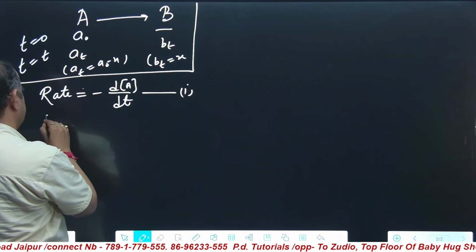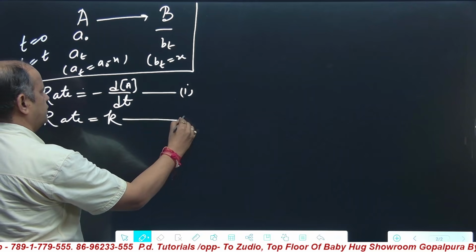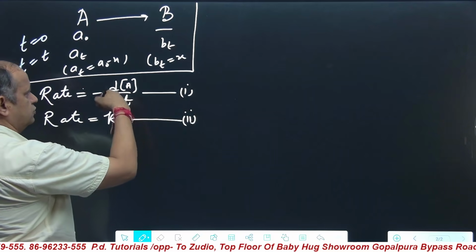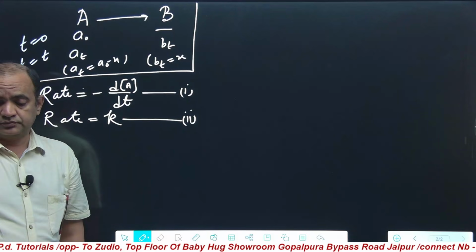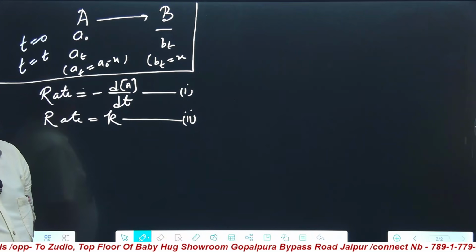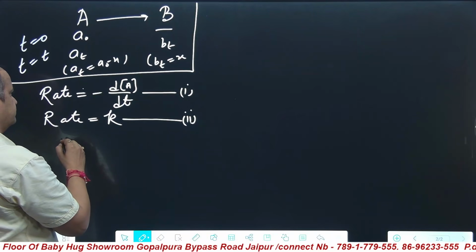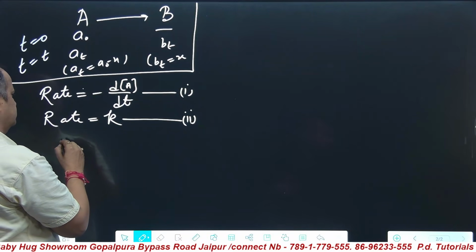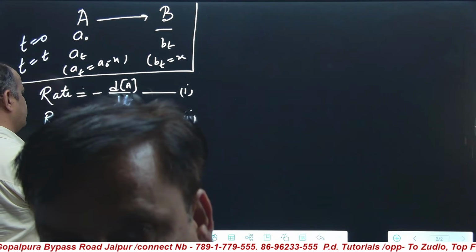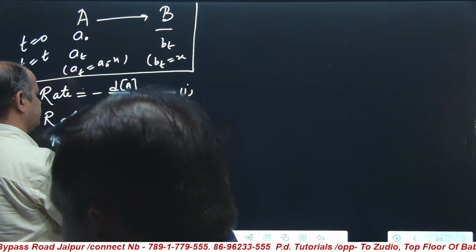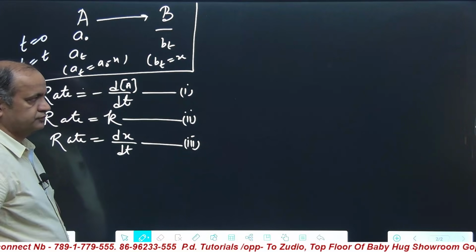You have just derived rate equals K. From these two, can we write minus dA by dt equals K? Also, we know that rate equals dx by dt, isn't it? Copy it.